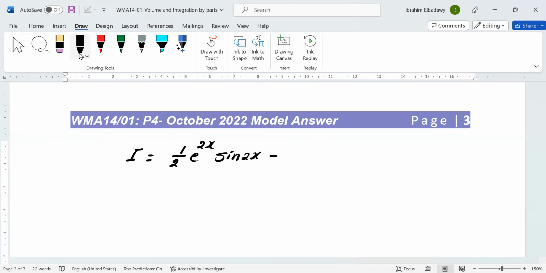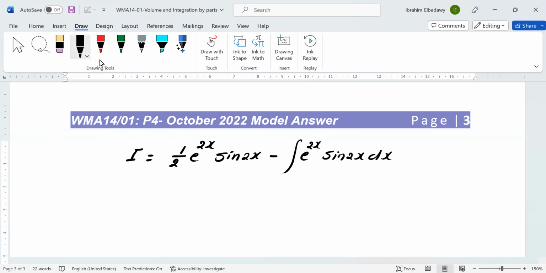Then the integral equals half e power 2x sine 2x minus the integral of e power 2x sine 2x dx, after cancelling the half with 2. Again, another integral appears on this side which includes e power 2x and sine 2x.